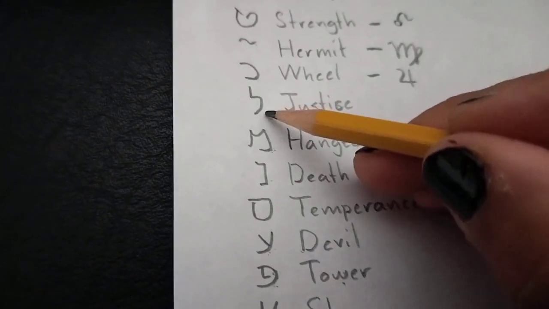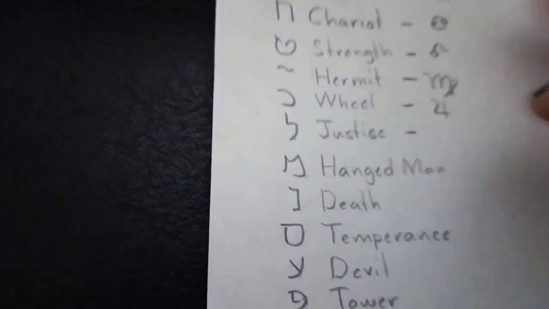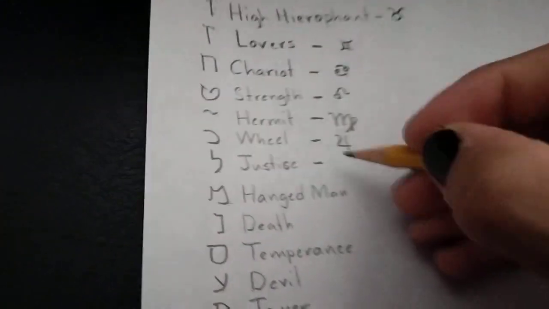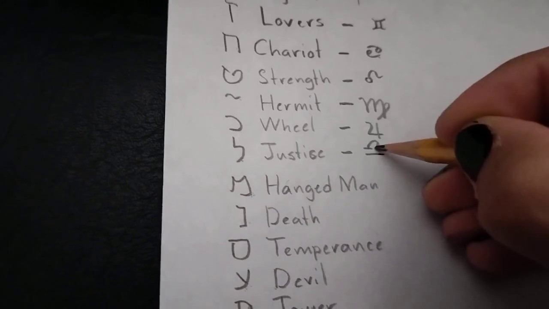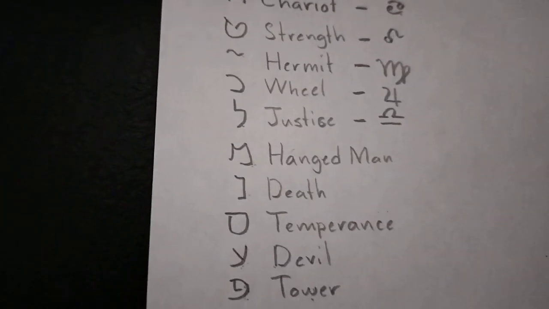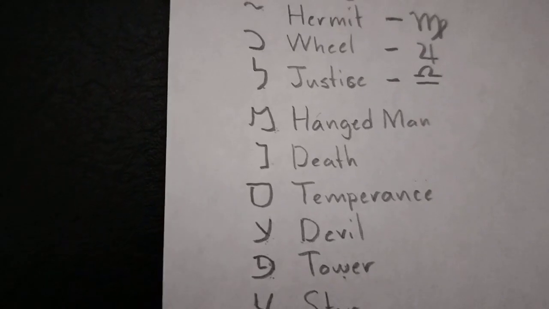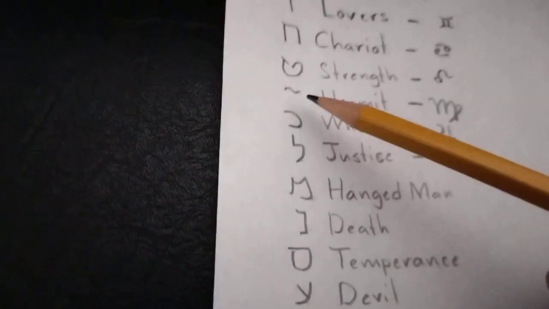Anyway, justice. This is Lamed. If you've ever wondered why justice has a scale on the card, it's because theirs is represented by Libra. And Libra is all about balance and justice, finding a middle ground, especially in relationships. If you've ever wondered why Libras can be kind of obnoxious because they're always telling you what to do, it's because Lamed means ox goad, a guide.